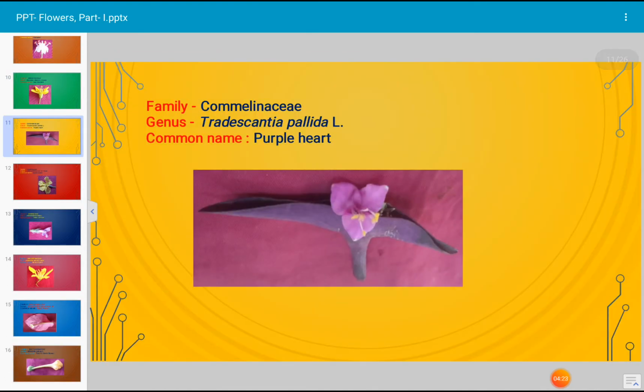This is the flower of Tradescantia pallida, its common name is purple heart, and the family is Commelinaceae. It is grown as an ornamental plant in several gardens. In botanical gardens of several colleges this plant is grown, and it is called purple heart.